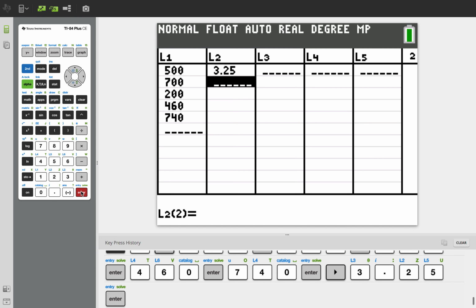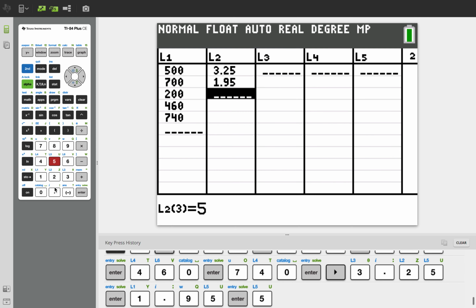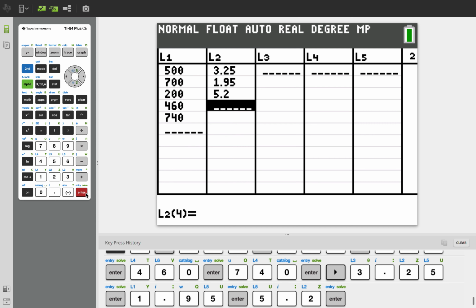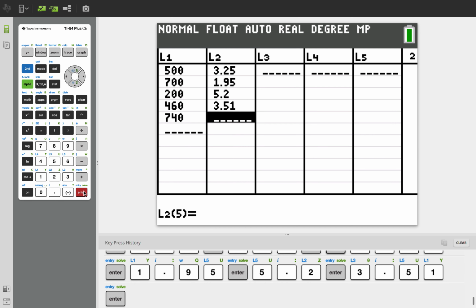So your y coordinates go into L2. Okay, so once you've entered all your values, double check that everything's correct.